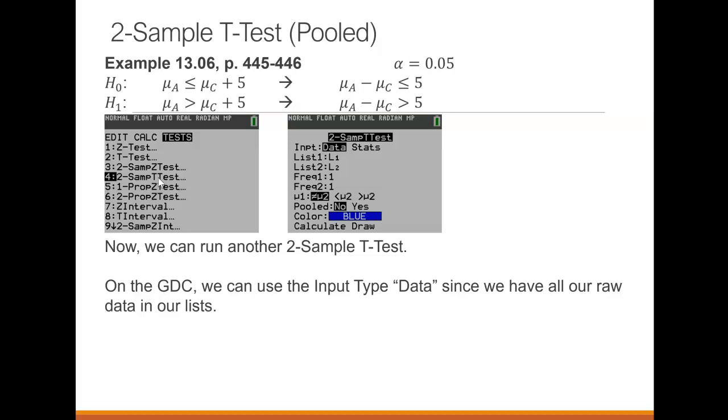We could find the means and standard deviations with the calculator, that's fine. But if you notice when we do the t-test, one of the options is input data. So let's do that, and the calculator will actually do all the heavy lifting for us.